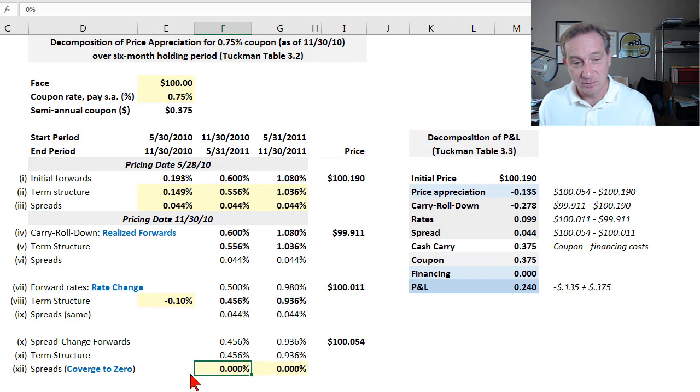So for the first time now, we've changed that spread from, you can see, 4.4 basis points to 0. The term structure here borrows from above. We're accumulating so that we have here what he's called the spread change forward, but this becomes our modified risky term structure so that we can price the bond here, but this time with spreads narrowing to 0.